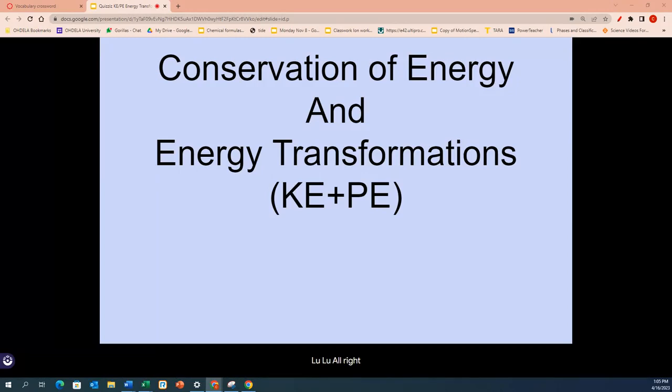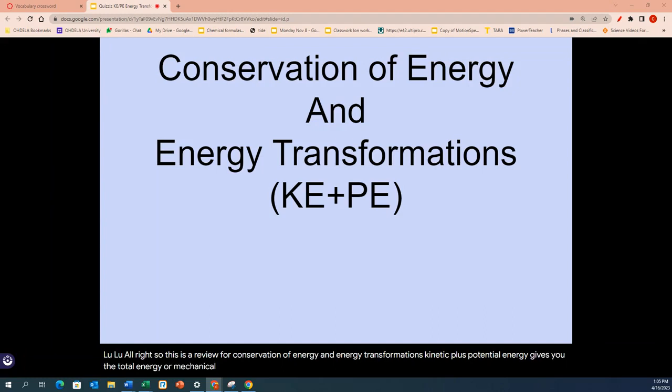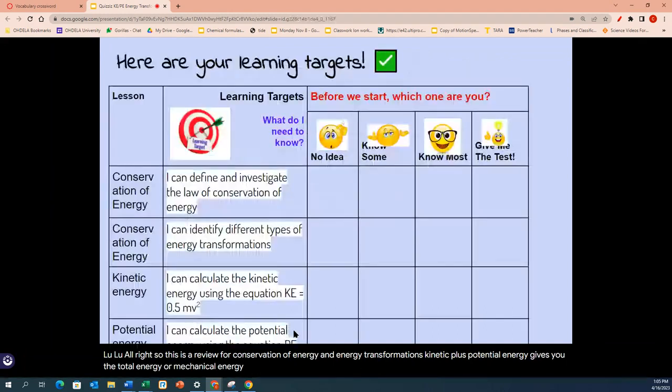All right, so this is a review for conservation of energy and energy transformations. Kinetic plus potential energy gives you the total energy or mechanical energy. So the learning targets, conservation of energy: I can define and investigate the law of conservation of energy.